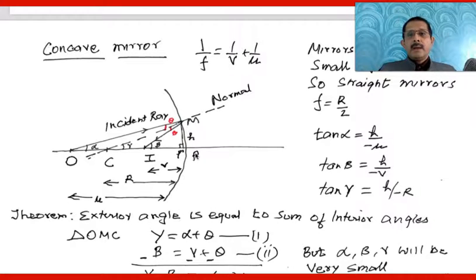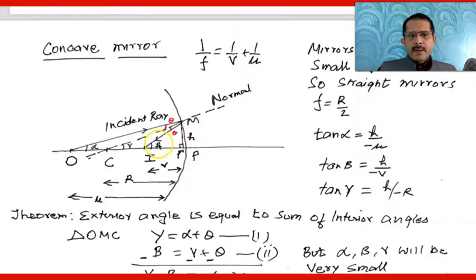Very small aperture means this mirror is basically more or less straight. Now, if it is straight, then P dash and P are actually very close to each other.